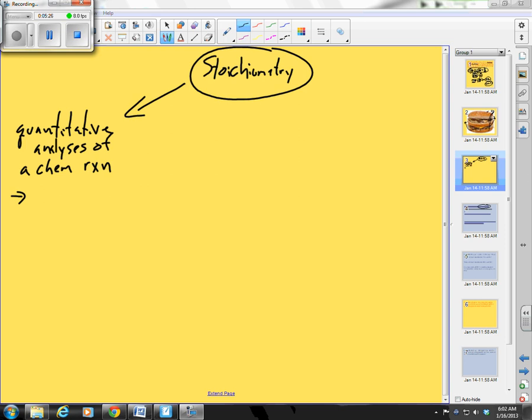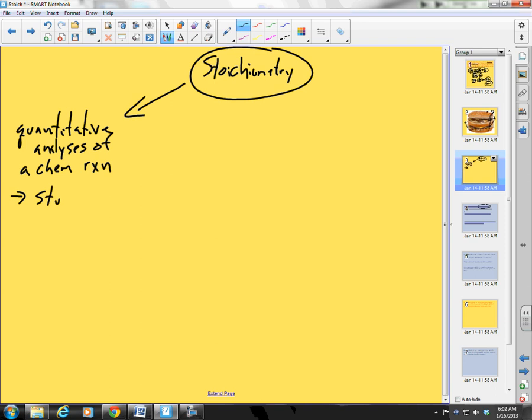Another way to say this is the study of the masses of reactants and products in a chemical reaction. I'd buy that too. Both of those make sense to me.